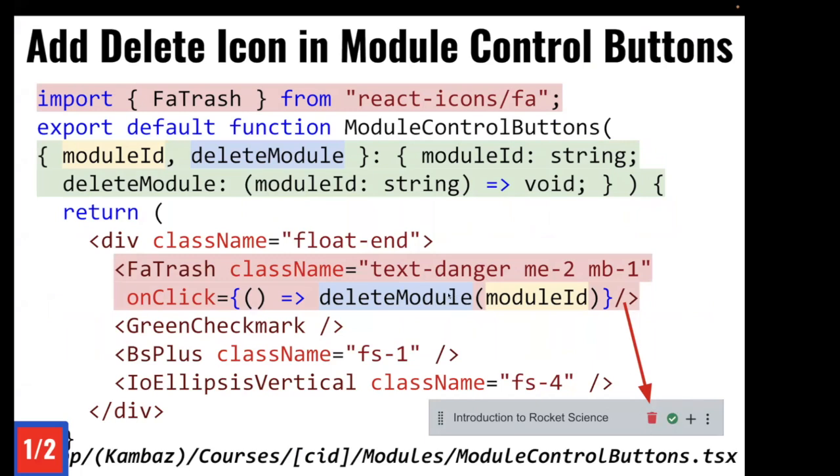And that trash can, if you click on it, is going to call the delete module function that is passed as an argument here, right? See that? And it's going to call back with the ID that we too are going to pass down. We're going to pass it the ID of the module and also the delete module, so that when we click on this, it's going to call us back saying, hey, remove this particular module.